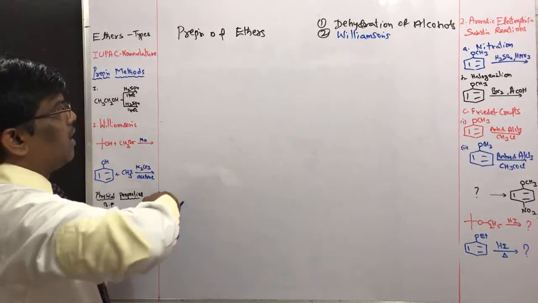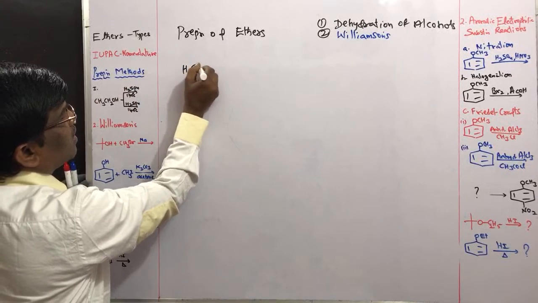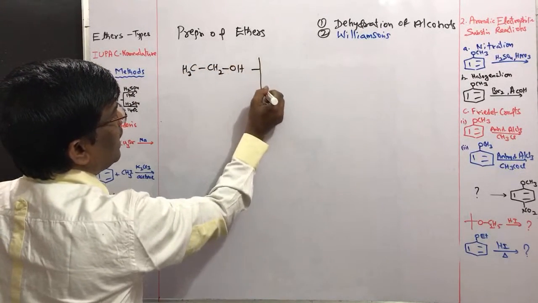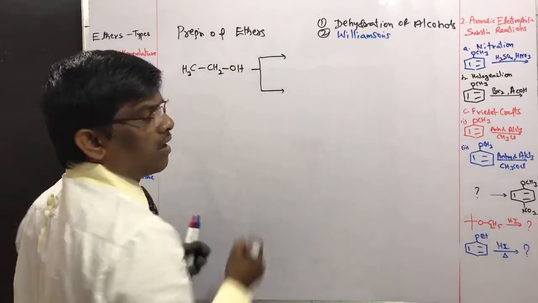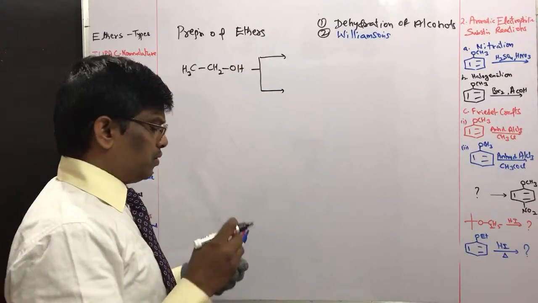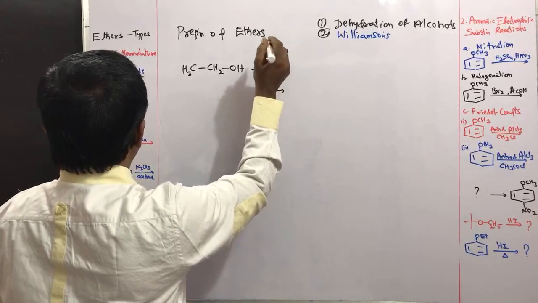The first method: let us take ethanol, for example CH3CH2OH, an alcohol. When I treat it with concentrated sulfuric acid, or you can use H3PO4, it is temperature dependent.